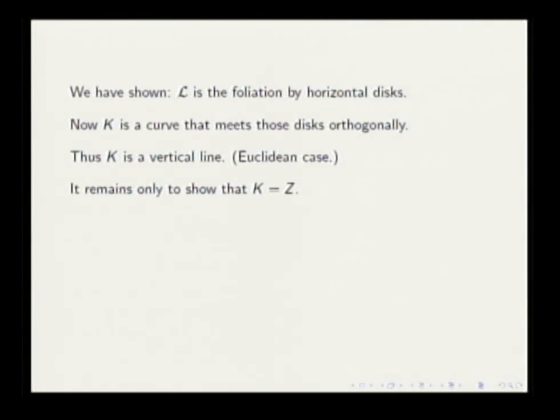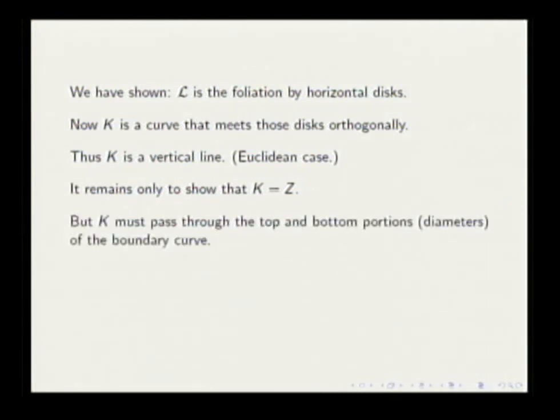But this straight line K has to pass through the curve at the top and bottom, those two diameters. By the way, the fact that it has to pass through the curve at the top and the bottom is an easy consequence of a very hard theorem.